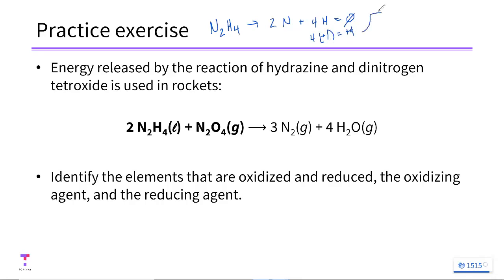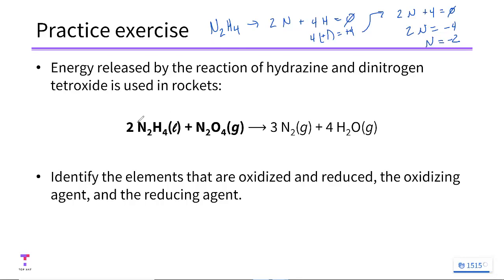So rewriting this equation, 2 nitrogen plus 4 is equal to 0. Well, if I follow the algebra the rest of the way through, 2 nitrogen would be equal to -4 since I had to subtract the 4 from both sides, and nitrogen would be a -2 overall once I divided by that 2.